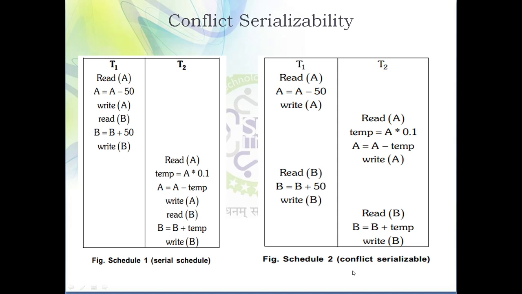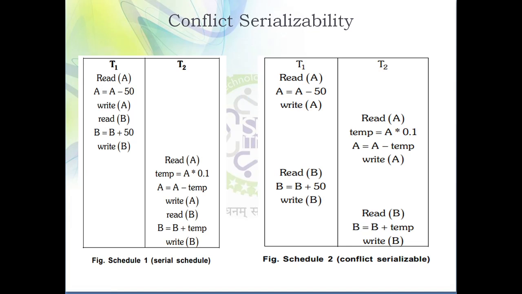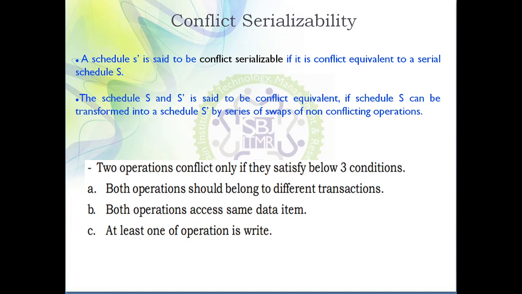So schedule 2 is conflict serializable because it is obtained from schedule 1. In schedule 1, what change have we made? We have just swapped these instructions, these non-conflicting operations. So we got schedule 2, and we can say that schedule 2 is a conflict serializable schedule.